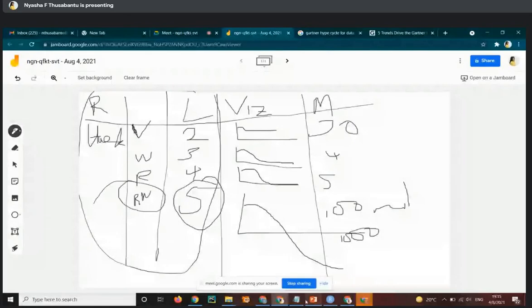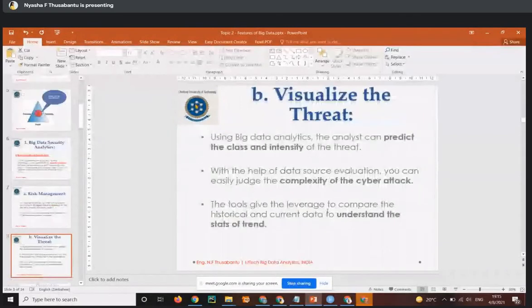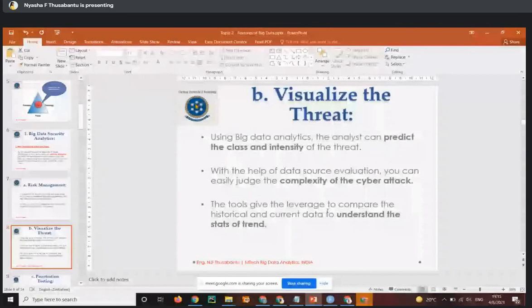So those are some of the things you need to start doing when you're doing intelligent risk management for organizations using big data analytics. You're visualizing the threat and you're giving them graphs that are easy to interpret. Visualizing the threat, I've already covered this.